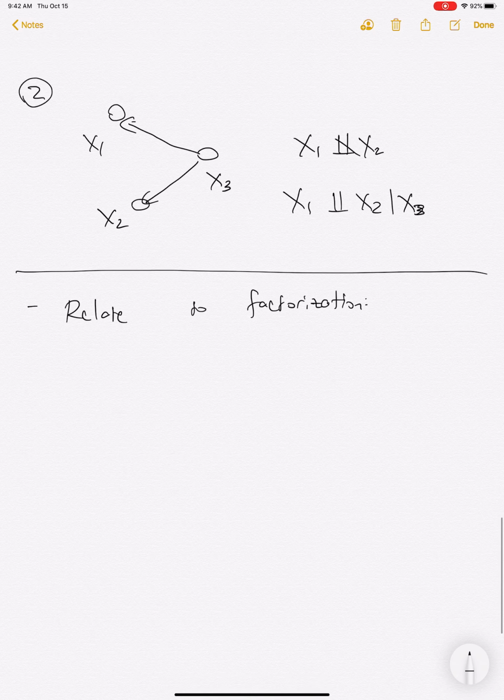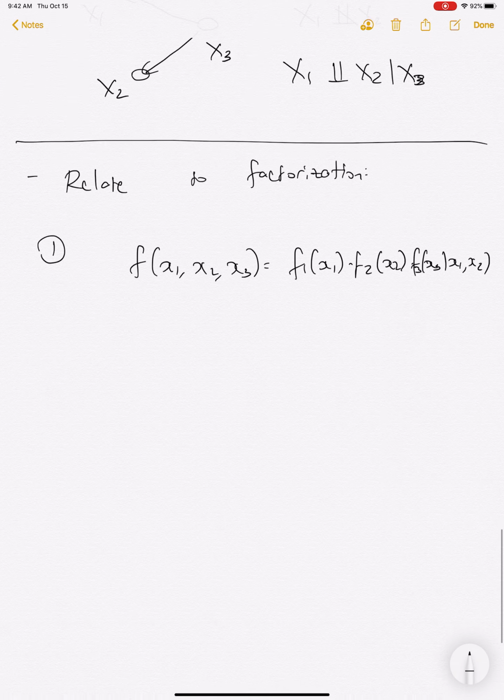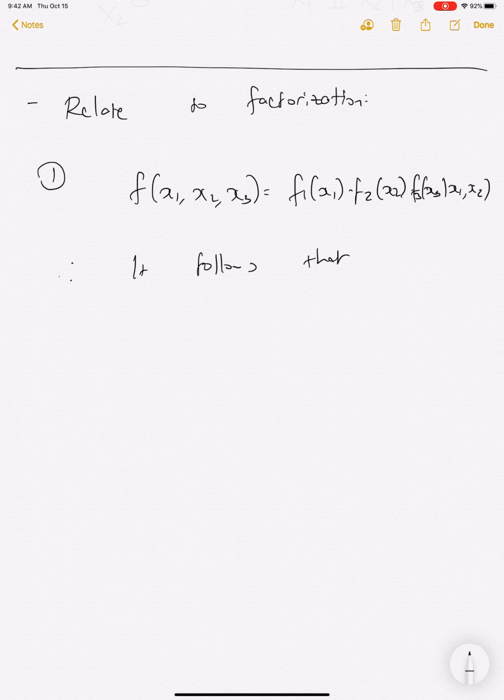Because remember that, for example 1, it follows that if we were interested in just the joint of x1 and x2, then that's just the integral of f1, x1, x2, x3.